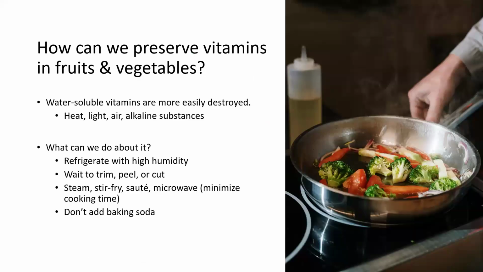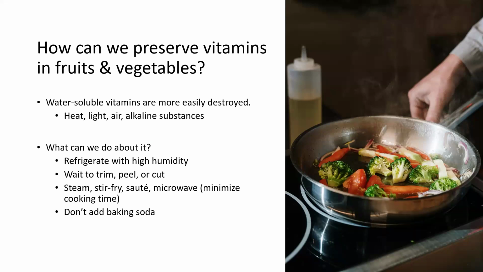How can we preserve the vitamins in fruits and vegetables? So, water-soluble vitamins, for example, like vitamin C and the B vitamins, are particularly susceptible to destruction from heat, light, air, and any alkaline substances, the opposite of acidic substances.